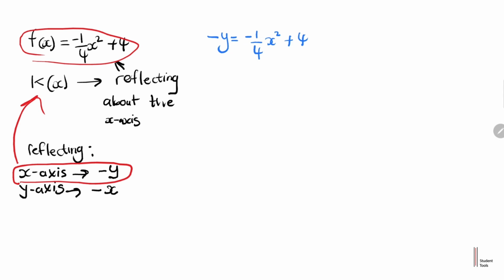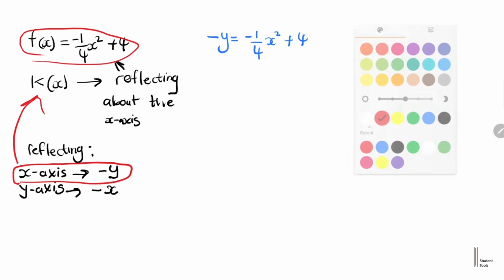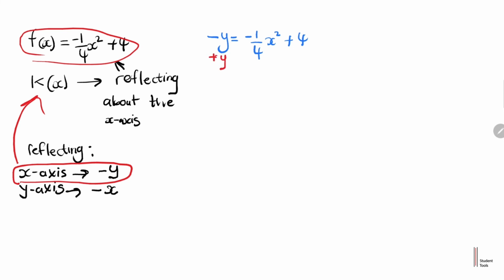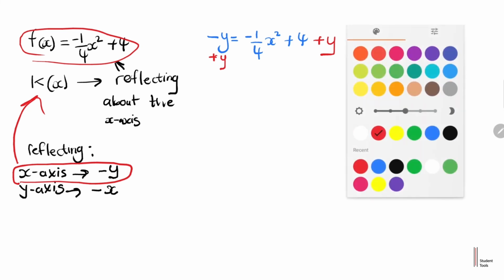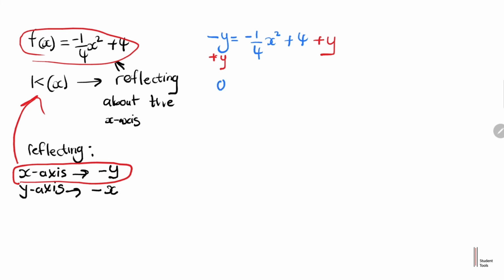And then we'll make y the subject, not negative y. Because now we have negative y as the subject. So that means we will have to take this y from the left hand side to the right hand side. So we will do that by adding y here and also add y on the right hand side, such that we will have 0 equal to a negative 1 over 4x squared plus 4 plus y.